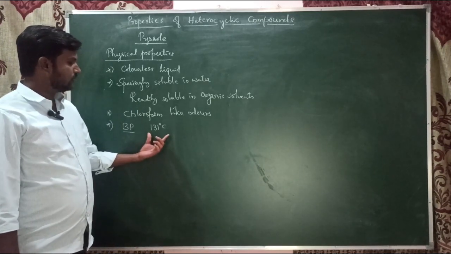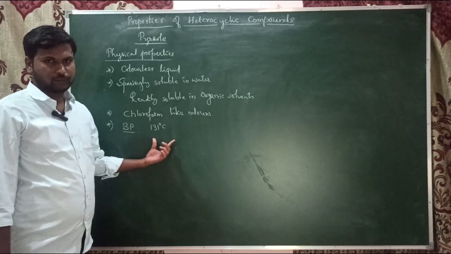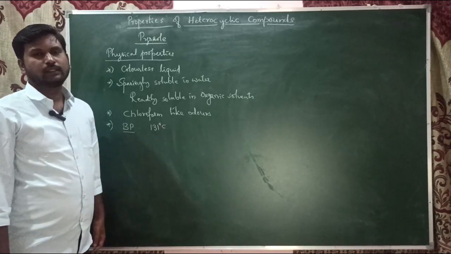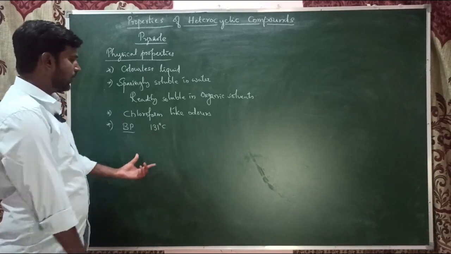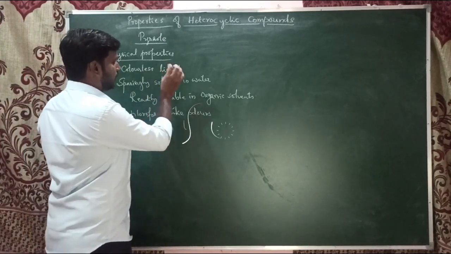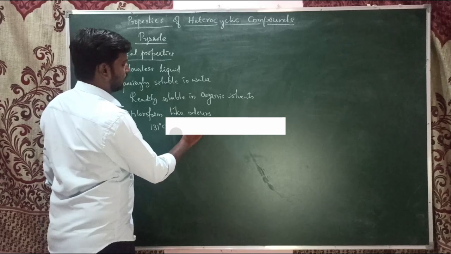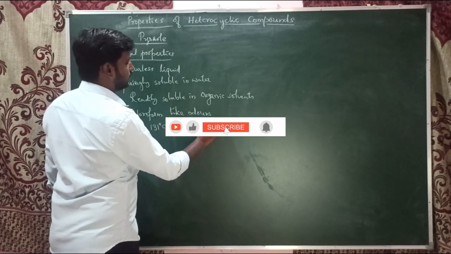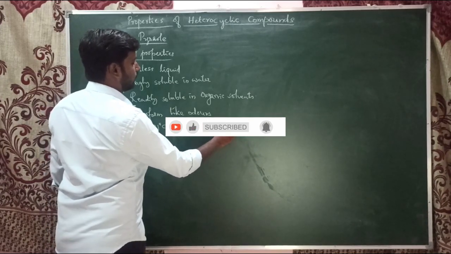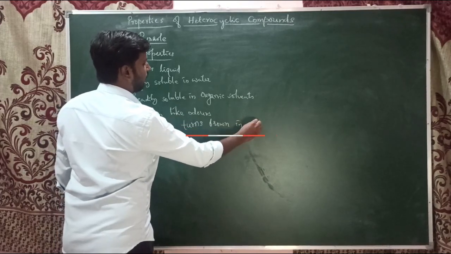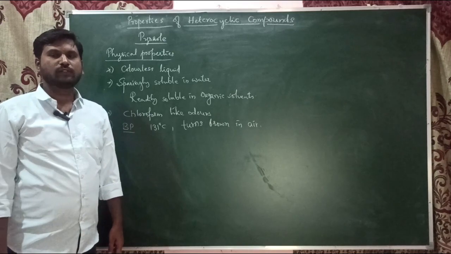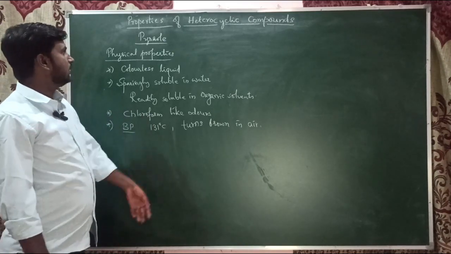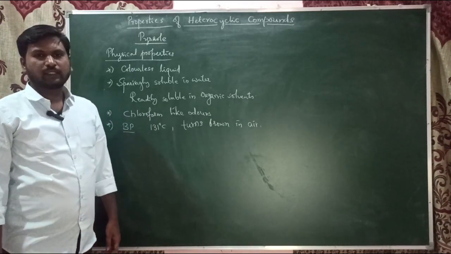Especially because it shows some hydrogen bonding, it has a slightly high boiling point. And though it is colorless, it turns brown in air. In presence of air it shows a little oxidation. So this is about the physical properties of pyrrole.